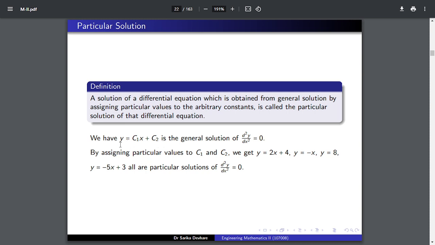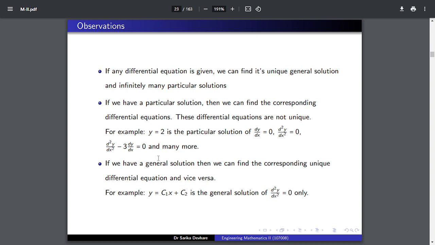If we assign particular values for c1 and c2, for example c1 equal to 2 and c2 equal to 4, then we get y equal to 2x plus 4, y equal to minus x, and so on. These are all particular solutions of this differential equation.